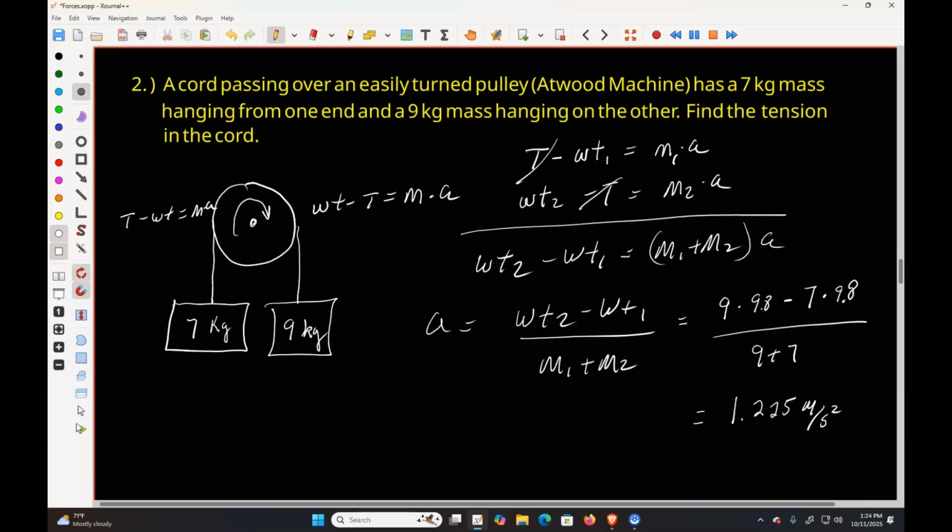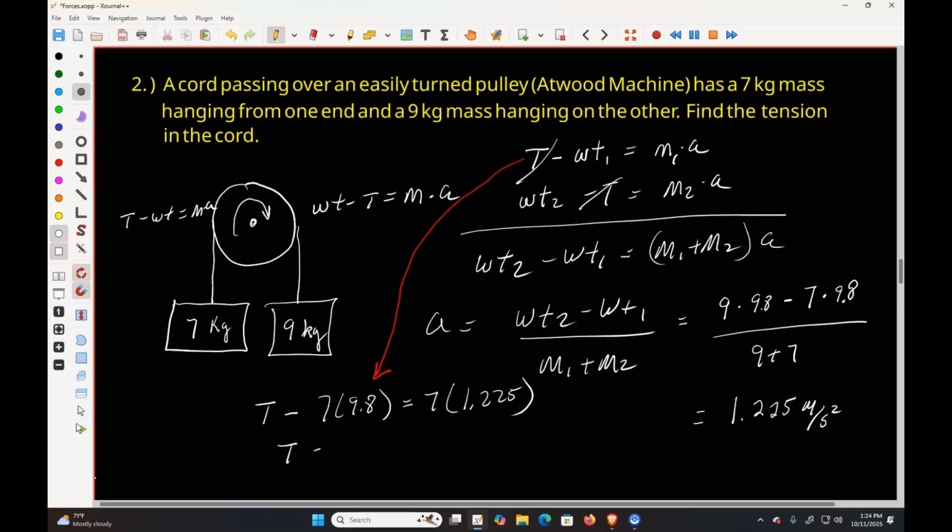All right, to find the tension, let's take one of these equations. For example, I'm going to take this top equation here. I'm going to bring it down. I'm going to substitute the values. So T minus weight 1, where weight 1 is 7 times 9.8, equals 7 times A, where A is 1.225.